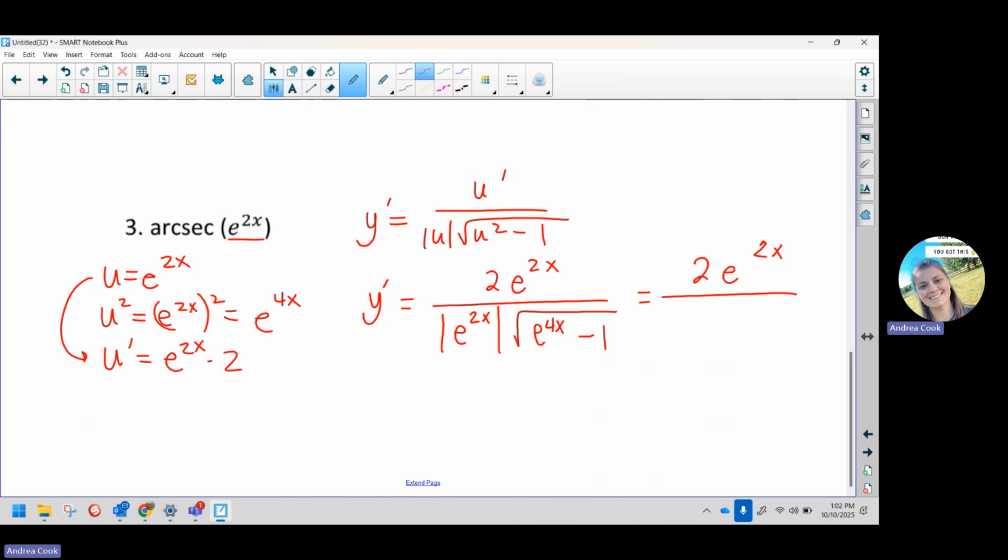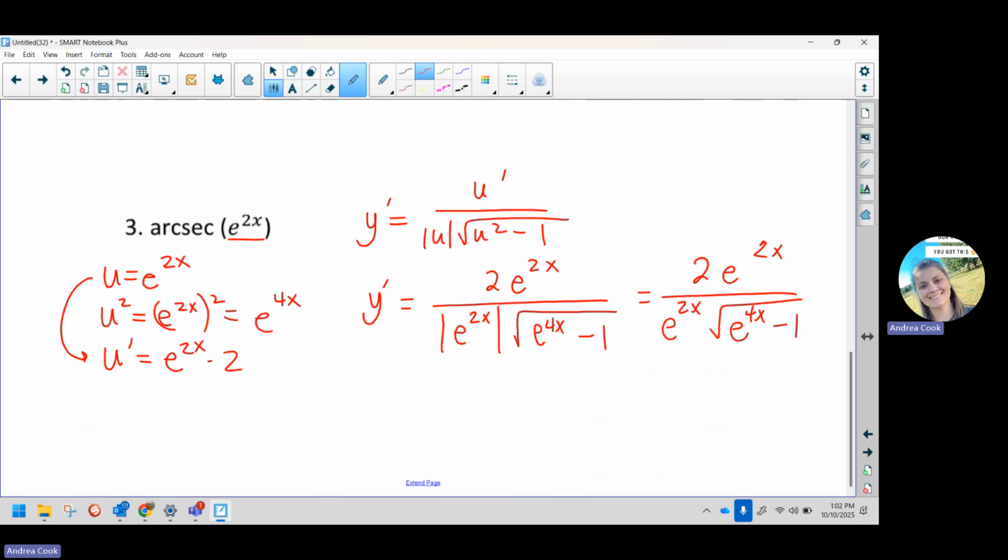Now, if that was an x squared, would the absolute value bars matter? Yes, you wouldn't be able to drop the absolute value bars if it was an x. If you had an x squared here and an x squared inside the absolute value, you would be able to cancel, because that's always positive too.